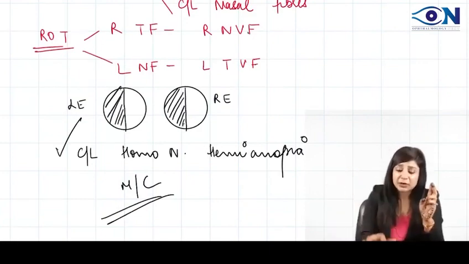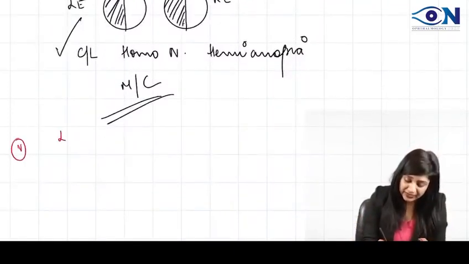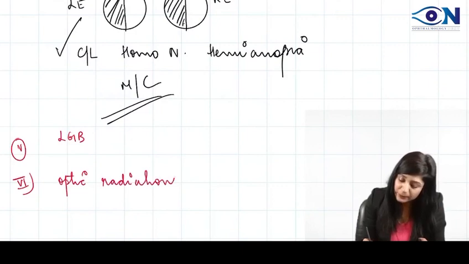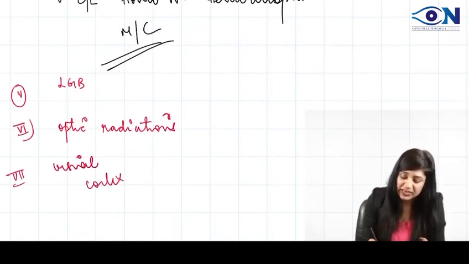After this, at number 5 we can have the lateral geniculate body, number 6 we have the optic radiations, and number 7 we have the visual cortex. So it will remain the same.